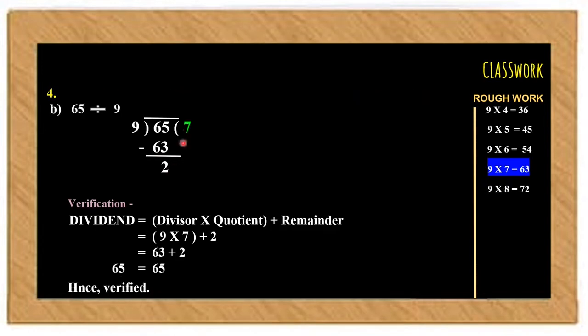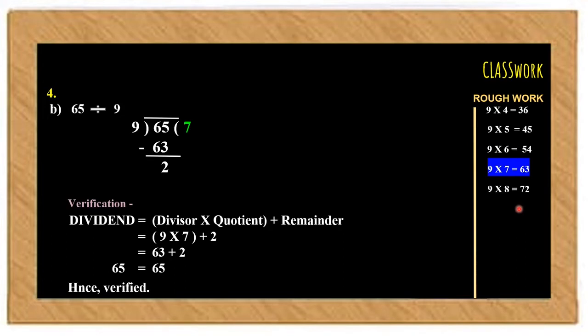Moving on, we will take another example. In the B part, we have 65 divided by 9. On writing the numbers appropriately in between the signs, we move on to finding out from the table of 9 at what place 65 comes. However, we know that 65 does not come in the table of 9.